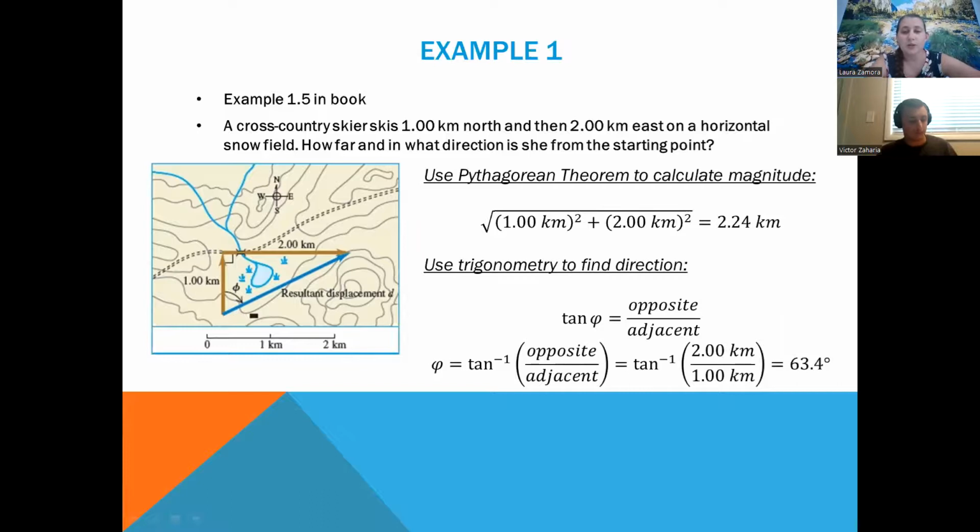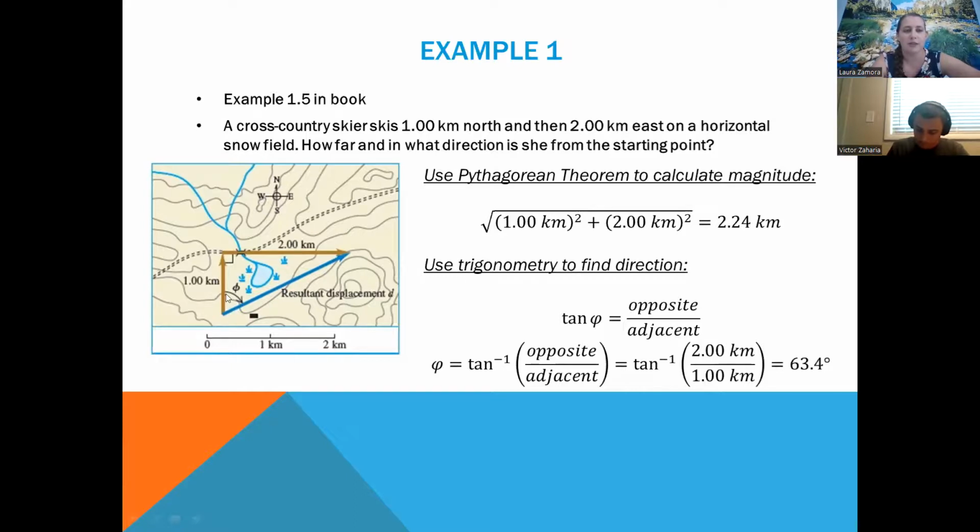Okay, then we'll use trig to find the direction of the resultant vector. So if we remember from our trig function slide, right, here we have a right triangle, and this is the angle that we are interested in, because this is the angle that relates the initial vector to our resultant vector or final vector.